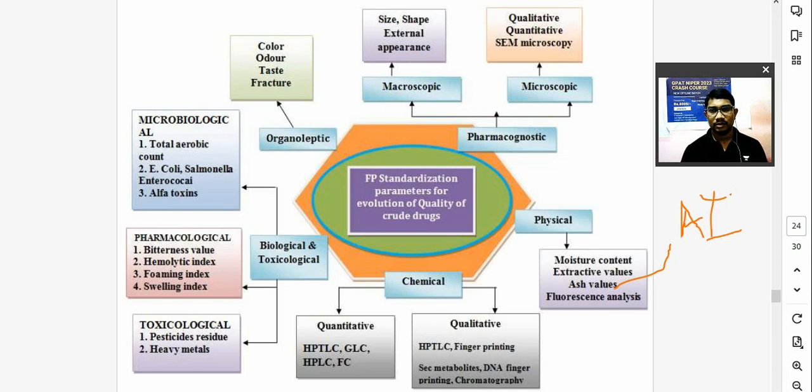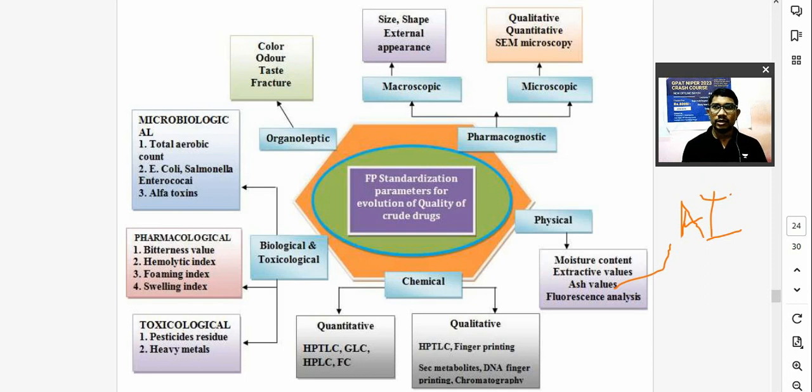So if a particular crude drug has more acid insoluble ash, it indicates the presence of inorganic content. For example, you have senna, and the normal value of acid insoluble ash given for senna is less than 0.1%.